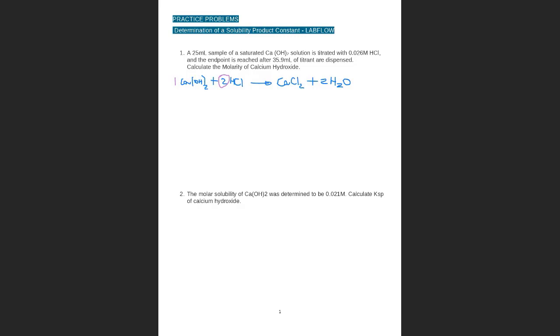Now, they are asking for the molarity of calcium hydroxide. We know that in a titration, what is a titration? At this point, you know what a titration is.